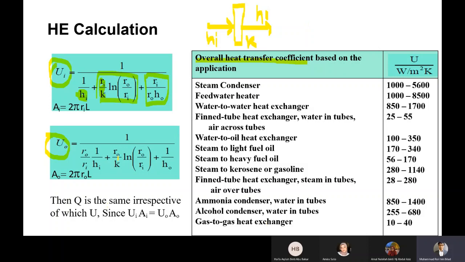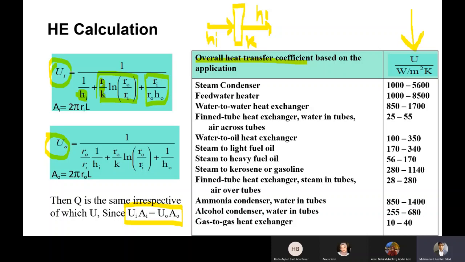So Q here is the same irrespective of which U. You can use U1 or U2, and the overall heat transfer is the same. Normally, if you are a chemical engineer, or if you learn fundamentals of heat transfer, we will have some method to obtain this value, using the Prandtl number and Reynolds number.